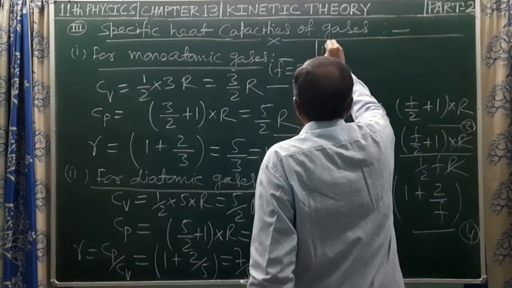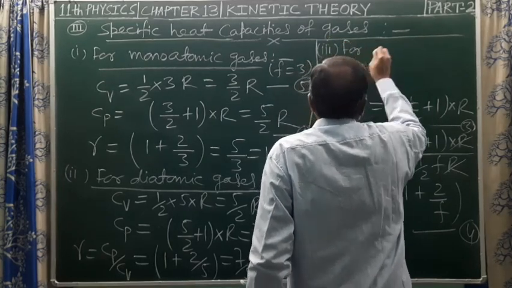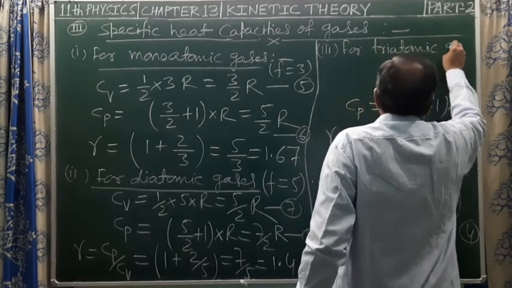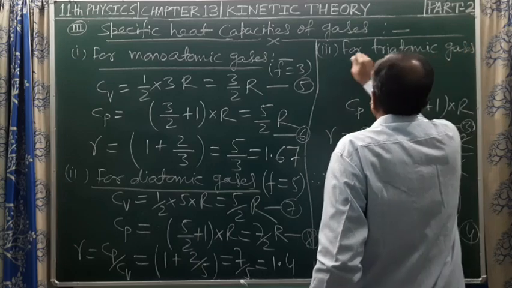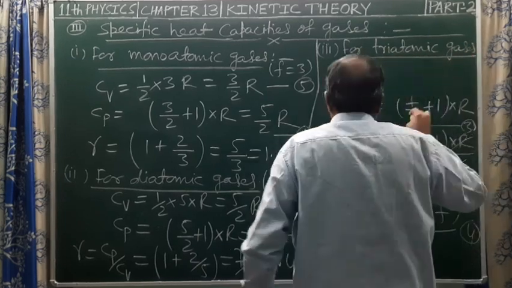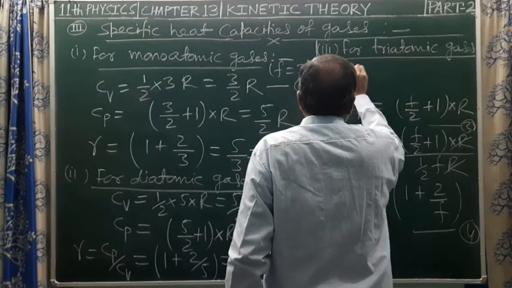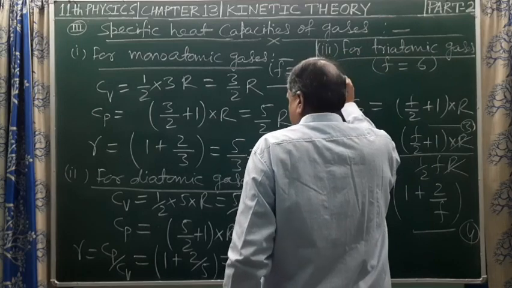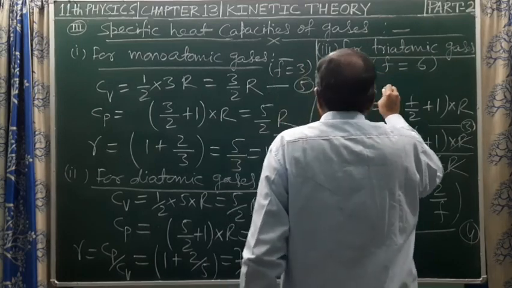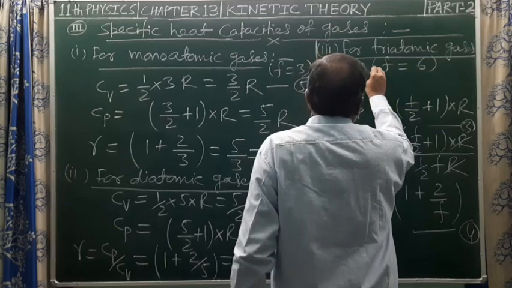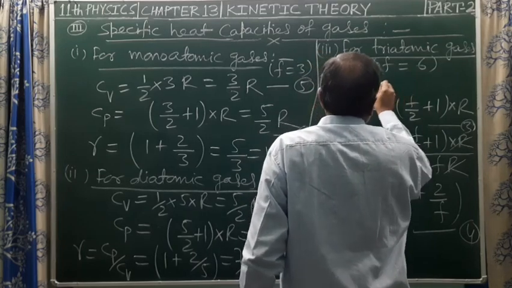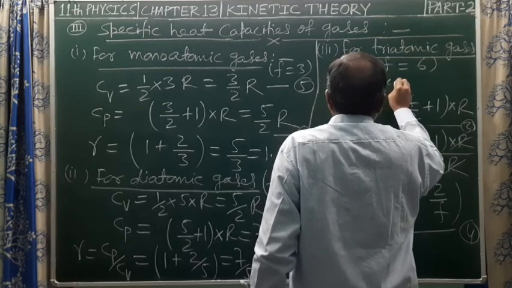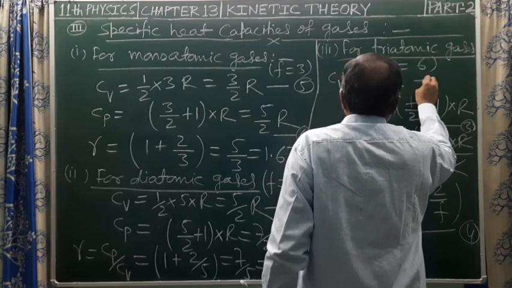So write down at the last, for triatomic gases, we have degree of freedom F equal to 6 and Cv equals F/2 R, that is 6/2 into capital R, that is 3R.